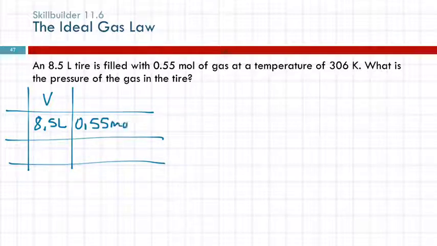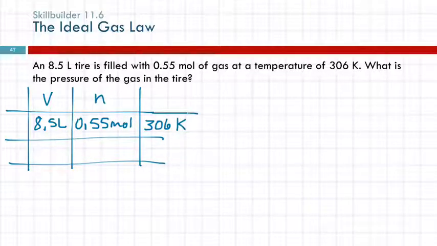0.55 moles. That is the symbol N, N for number of moles. And a temperature of 306 Kelvin. Again, they're being kind to us and giving us the temperature in Kelvin. You still have to use Kelvin here.